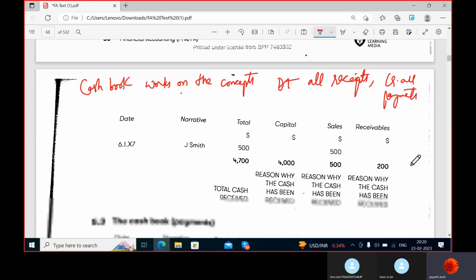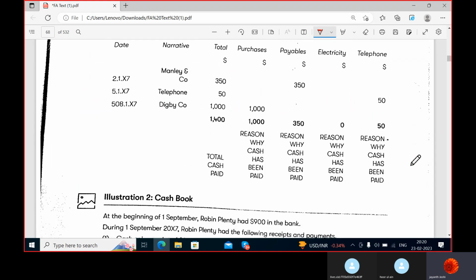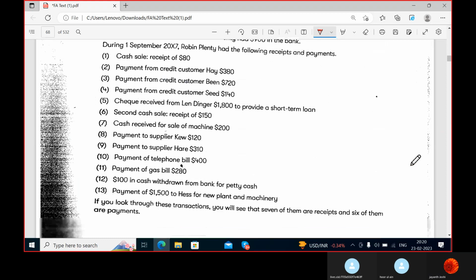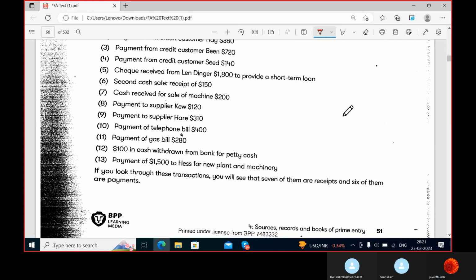So very simple. See, if I ask you a journal, suppose there is an income. You have received some income, let's say rent received $2,000. What is the journal entry for this rent received $2,000?